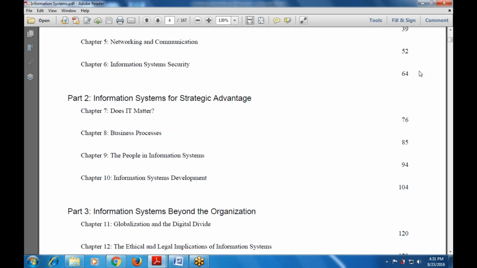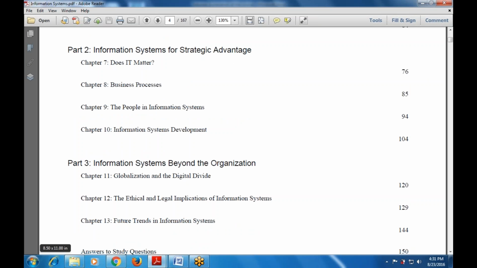Then part number 3 is information systems beyond the organization. Till now we were talking about within the organization. The next one is beyond the organization. So chapter number 11 is globalization, how we can use the information system in a globalized way. That is globalization and the digital divide. The next one is the ethical and legal implications of information systems.